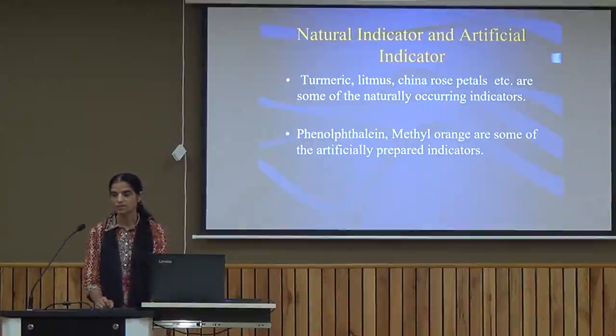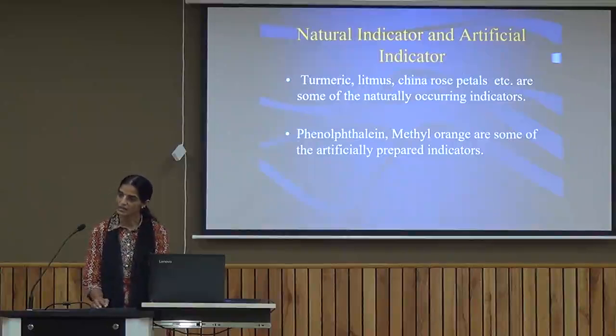For example, we have litmus, we have turmeric, we have China rose extract. All these are natural indicators because they are obtained from nature. Then we have synthetic indicators also, which are man-made, for example, phenolphthalein and methyl orange. These are the common indicators which are used in lab for identifying acids and bases.